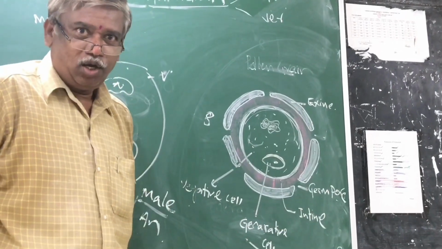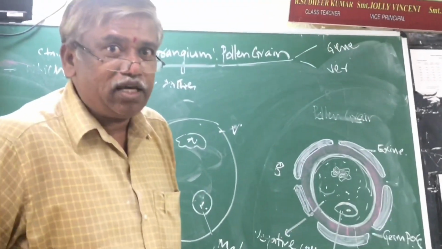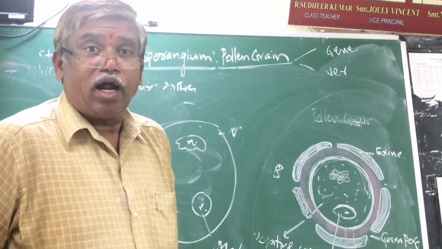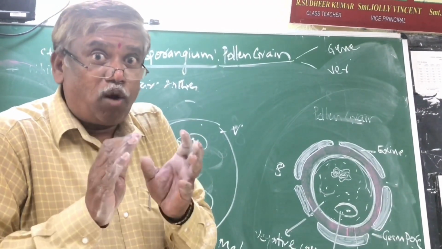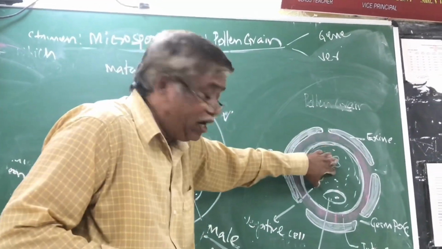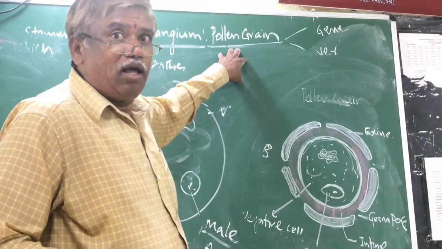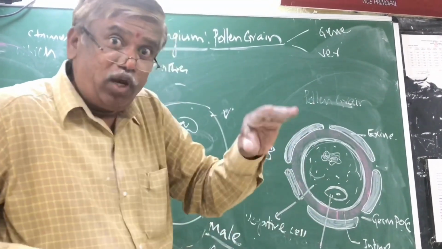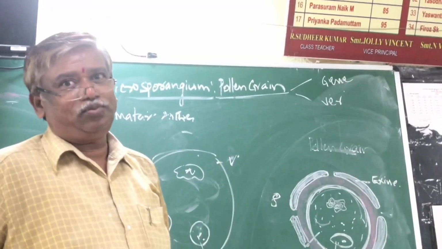Pollen grain. Now male gametes, where are they? In the pollen grain. The male gametes are formed in the pollen grain, which is present in the theca.